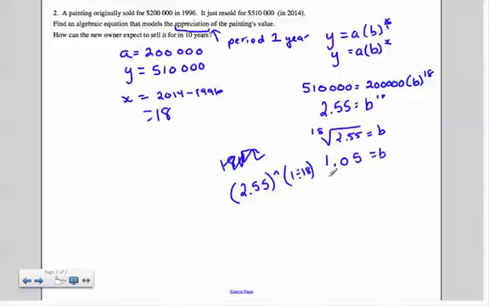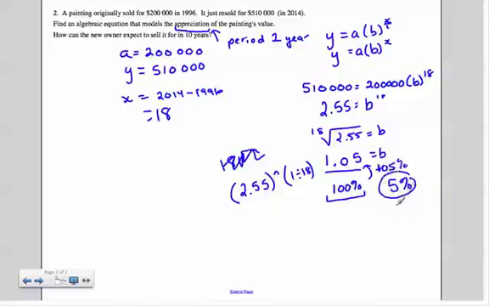So now, when we talk about appreciation or depreciation, we talk about percent. I can see that this is an appreciation because 100% is constant. Anything higher than 100% is an appreciation. So this is growing by 5% because 1.05 is 105%.